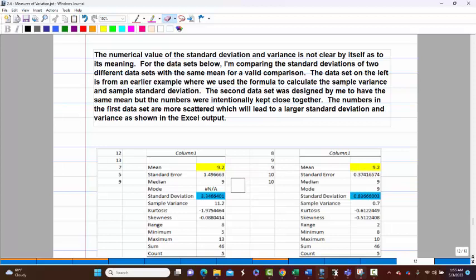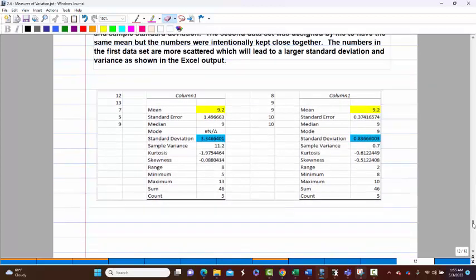The idea is that when the means are the same, the larger standard deviation guarantees the numbers are more spread out, and that pans out from the calculation. You can see this one has a 3.34 whatever, and that one only has a 0.837 standard deviation, and it should be bigger here because the numbers are more spread out.